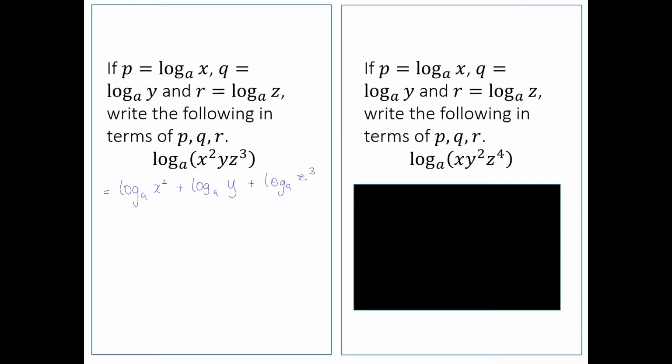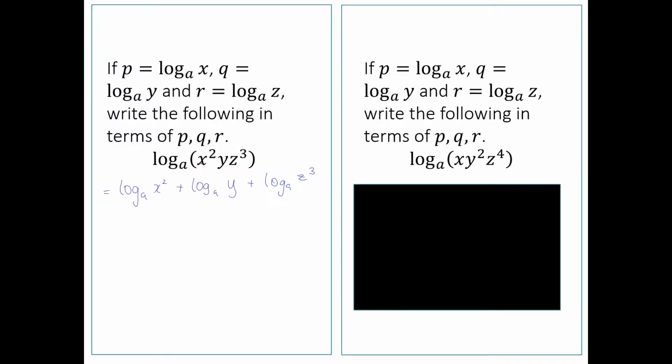We can also get slightly confusing questions. So here it's saying P equals log to the base A of x, Q equals log to the base A of y, and R equals log to the base A of z. So write the following in terms of P, Q and R. So it's wanting us to separate it out into separate logarithms.